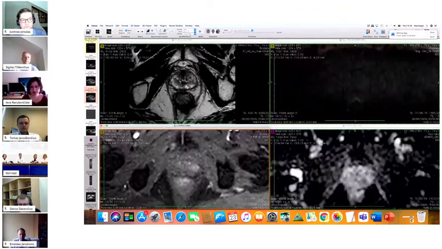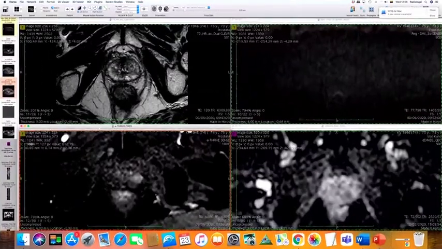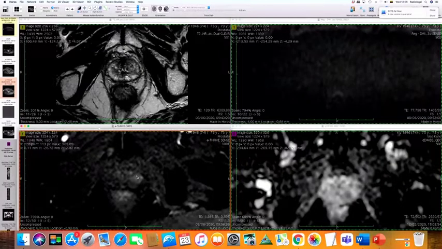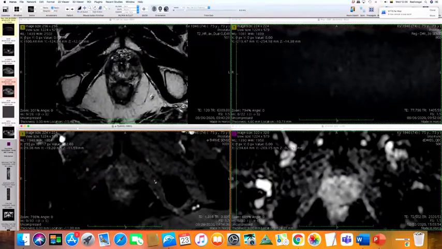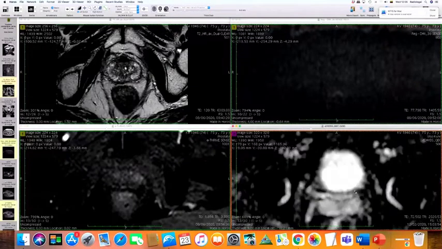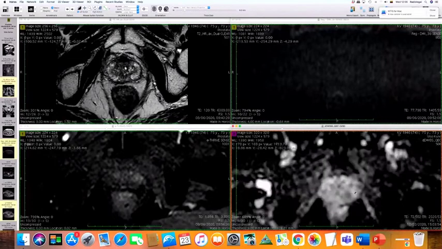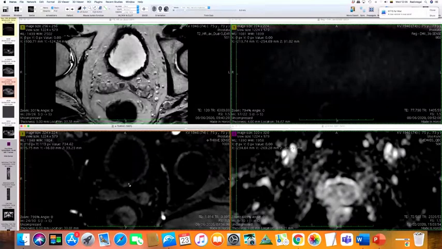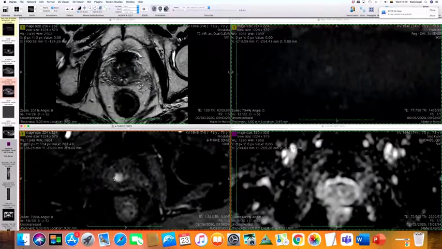Here is the focus in the left lobe, peripheral zone, with contrast enhancement that was in earlier images, but now we see diffusion restriction in this place. So it's suspicious for recurrence. And the focus in the right lobe is the same as it was earlier.